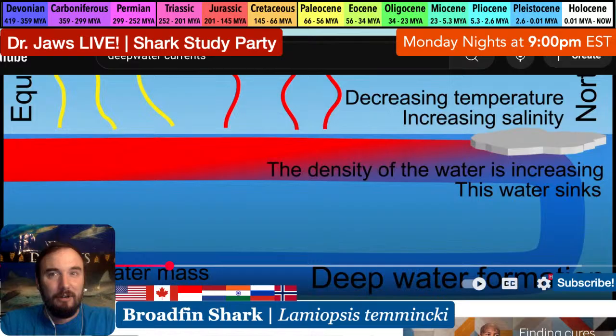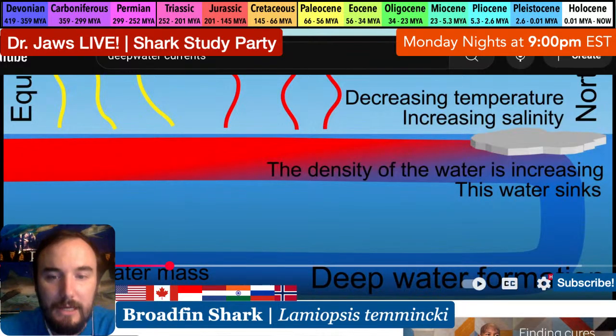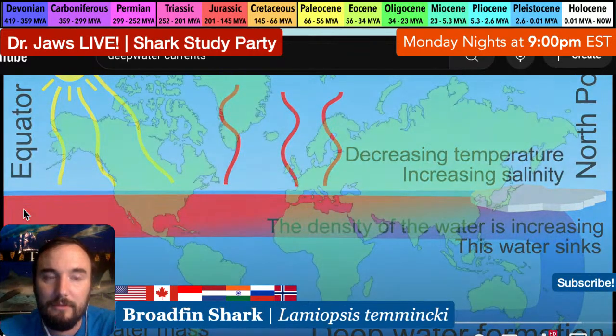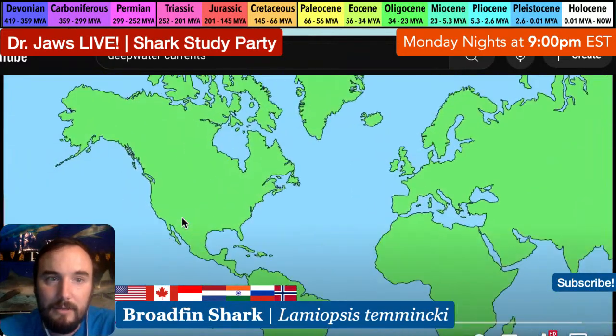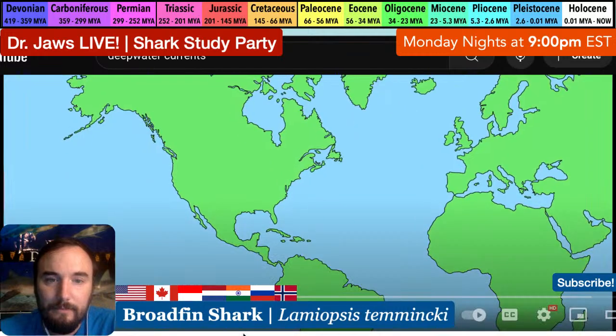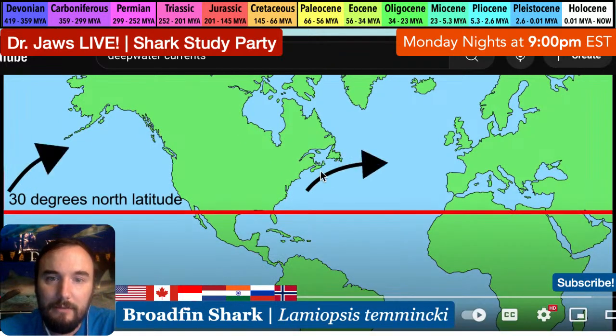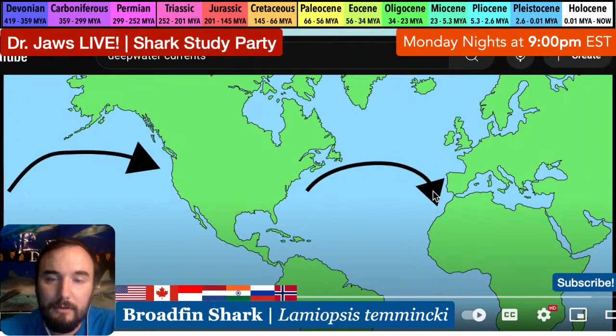It's this constant motion where each part of the flow is pulling the other part. And so you have these amazing flows of water through the ocean. It's kind of like rivers in the middle of the sea. So you can start to see this. So this is great. Now we see the Gulf Stream flowing north of 30 degrees.